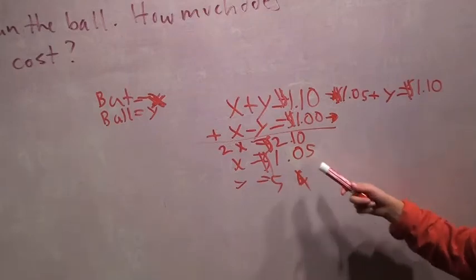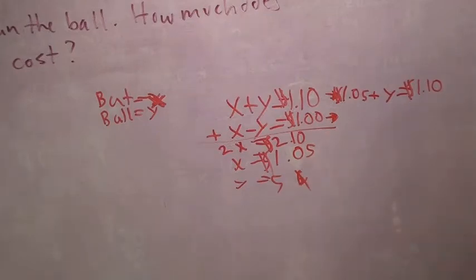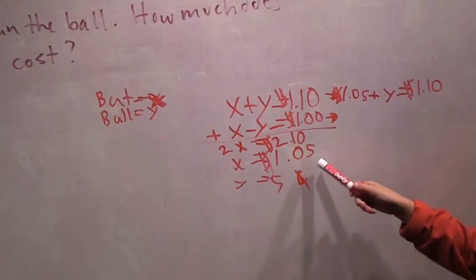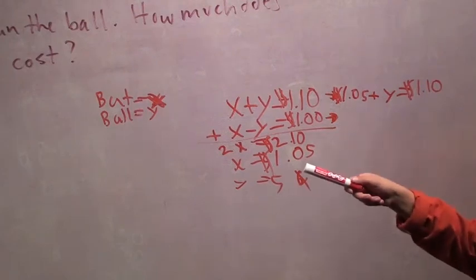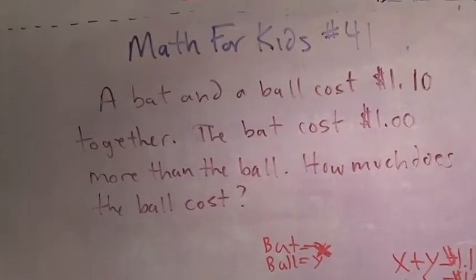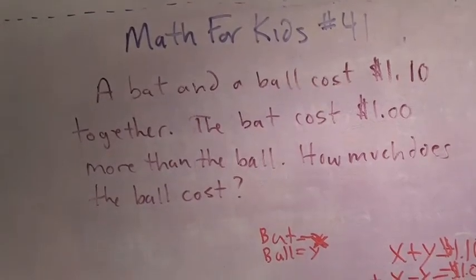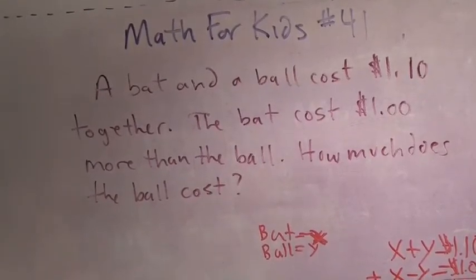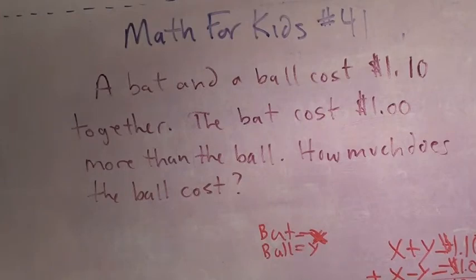The ball costs $1.05. You sure? A bat equals X and a ball equals Y. So how much did the ball cost? My thing says right here that the ball costs $1.05.